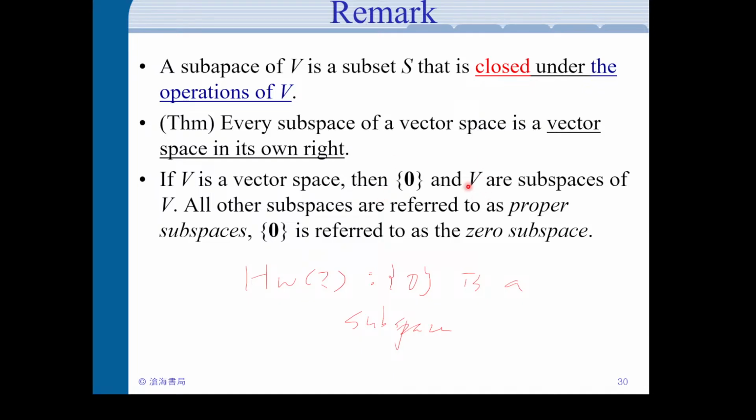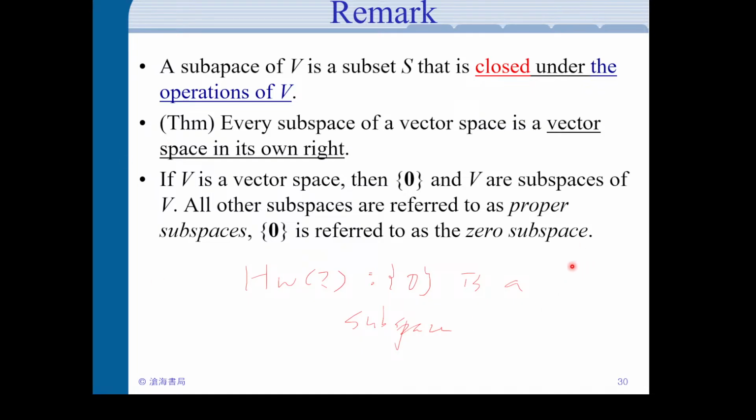So those two are the trivial, well, not quite trivial, but the easiest subspaces, and they are the non-proper subspaces. The other subspaces are called proper subspaces. And the subspace of only the zero vector is called the zero subspace. So this is just some notation here.